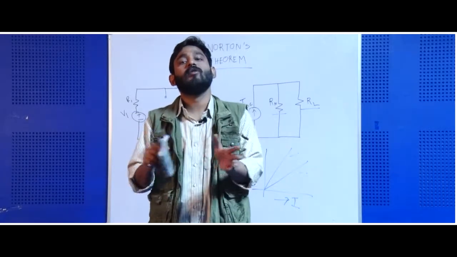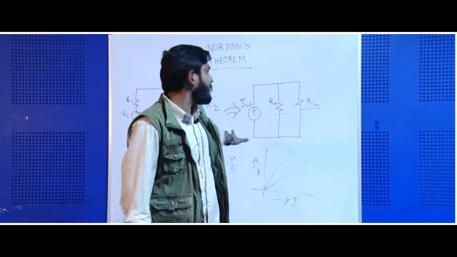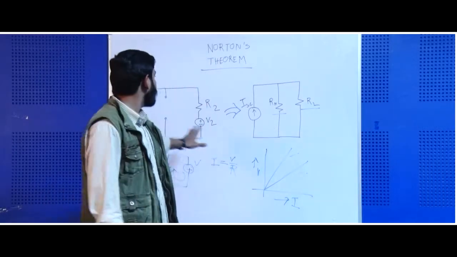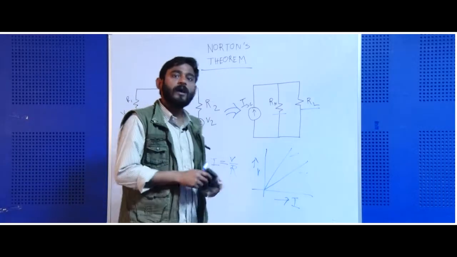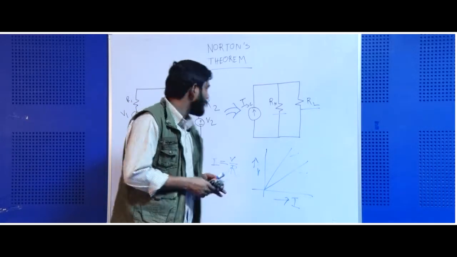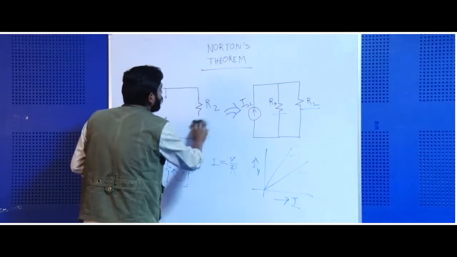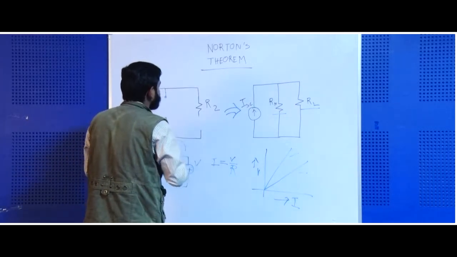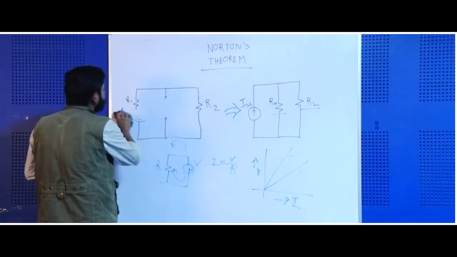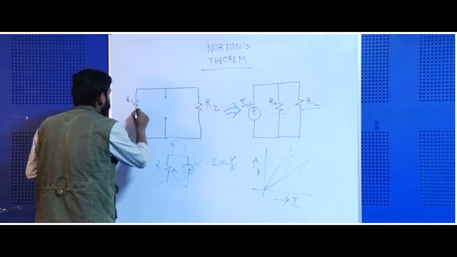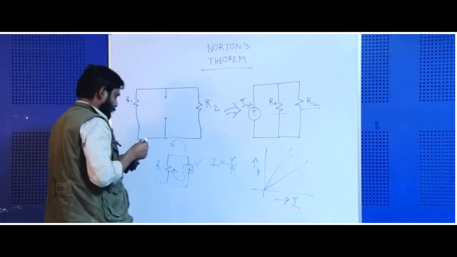So, in this case, as it is not mentioned, and this is the most conventional method, we are just removing the sources using their internal resistances. So, in this case it will be a simple short circuit between these 2 points, and in this case also a short circuit.